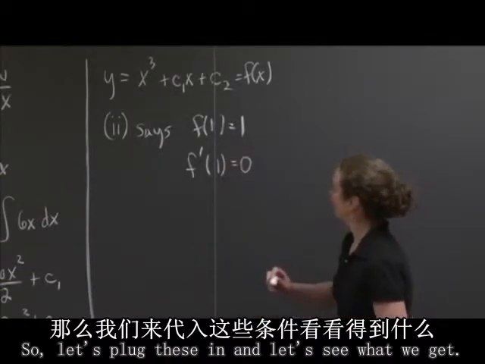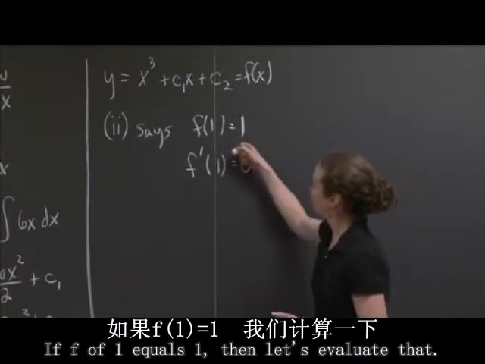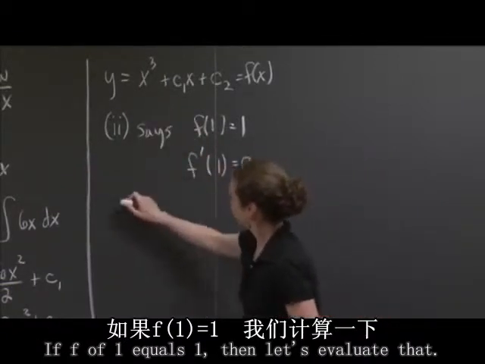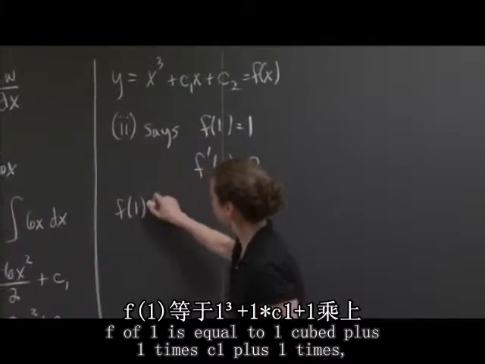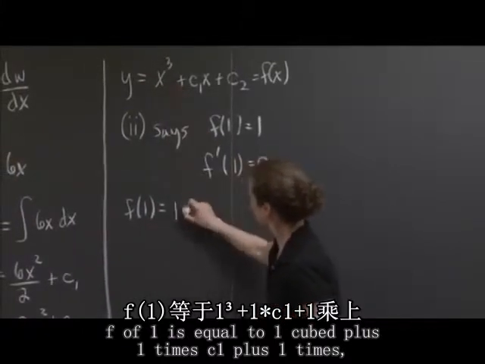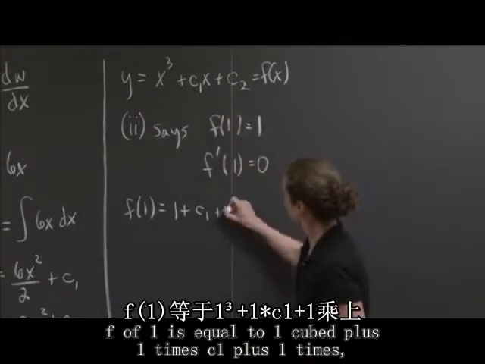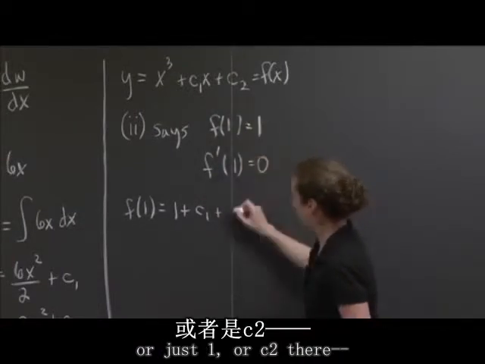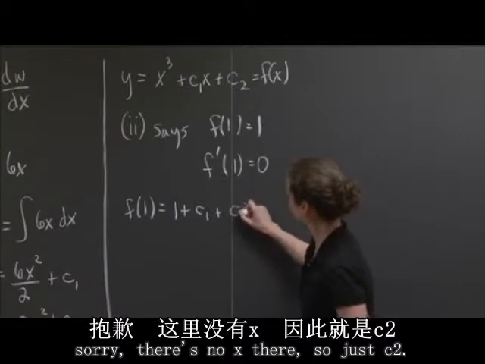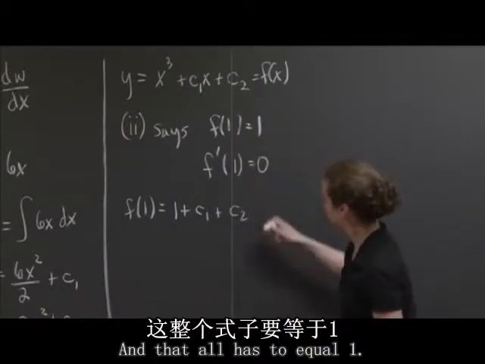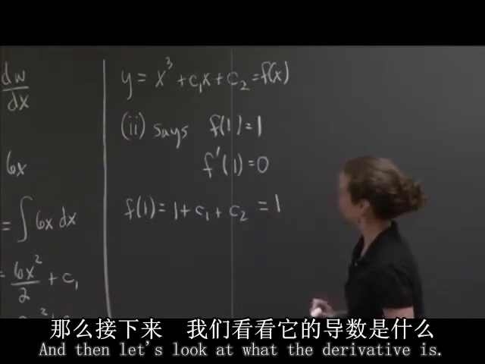So let's plug these in and let's see what we get. If f of 1 equals 1, then let's evaluate that. f of 1 is equal to 1 cubed plus 1 times c1 plus c2, sorry, there's no x there, so just c2. And that all has to equal 1.